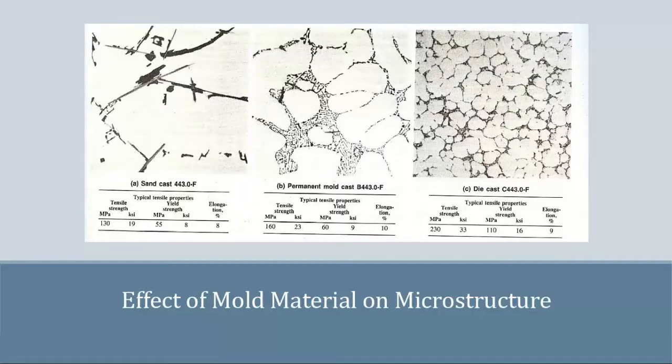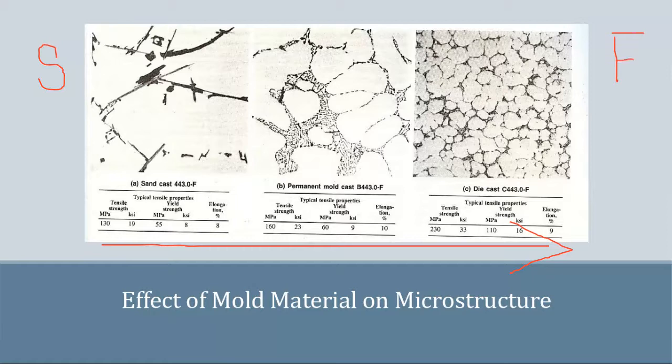Now, for this particular one, your cooling rates from left to right are increasing, which means it's cooling off faster. So this is the slowest, the sand cast, and this is the fastest, and that's your die cast.